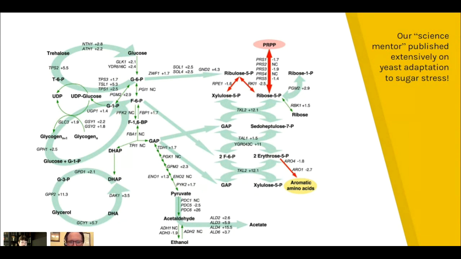So I think we've gleaned a little bit of this knowledge from him. This is just from one of his papers, to highlight that the yeast response to high amounts of sugar is pretty complex and involves the whole metabolism changing and all of the genes that control it adjusting to the new environment, and that's kind of cool. It gets pretty complicated. There's a lot going on.